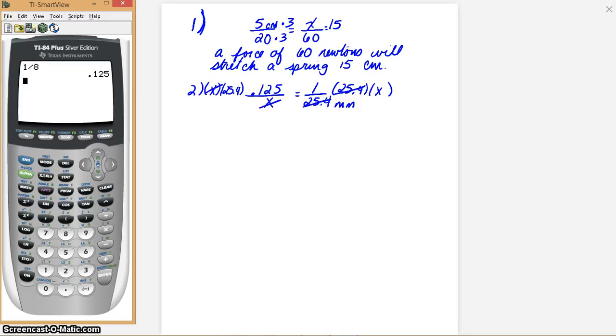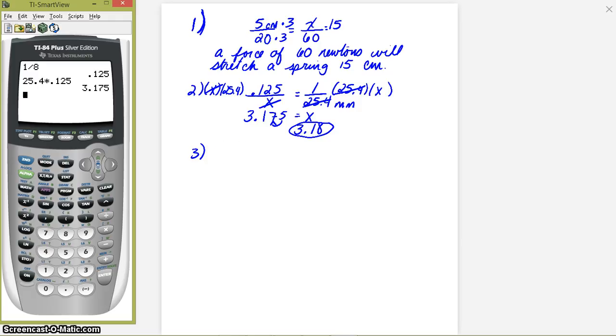So you have 25.4 times 0.125. I'm going to use the calculator. 25.4 times 0.125 is 3.175, equals x. And it looks like they rounded this 7 up to 8 because of the 5, so 3.18 is your multiple choice answer.